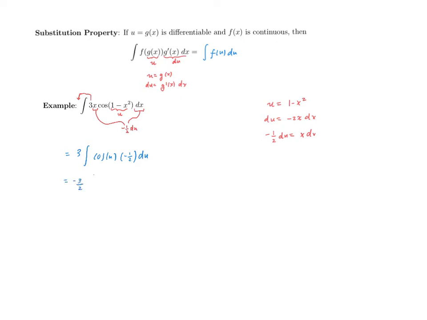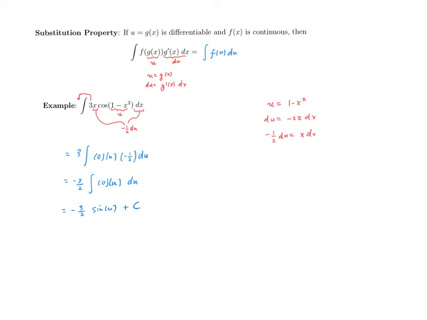So minus 3/2, the indefinite integral of cosine u du. So note, all u's, and certainly much easier for us to evaluate. The antiderivative of cosine is sine, so minus 3/2 sine of u plus c.